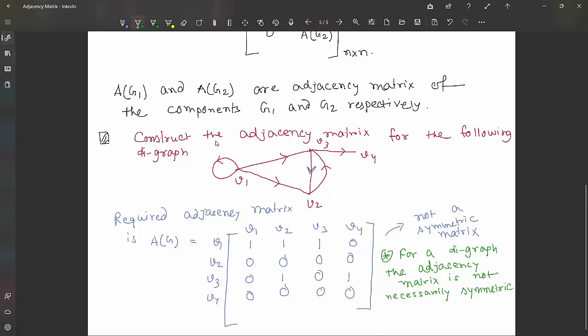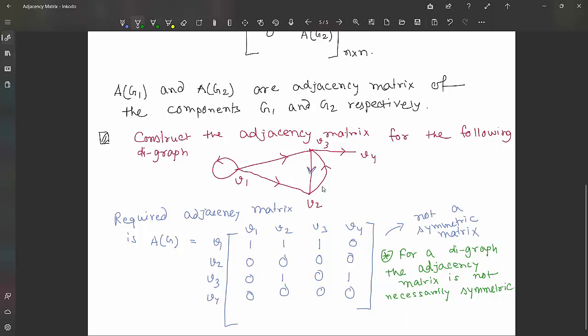So if the problem is given in this way, that from the matrix you generate the graph, then first you can observe whether it is symmetric or not. If it is not symmetric, then obviously you will get a directed graph, and you have to draw a directed graph, not a non-directed type of graph.